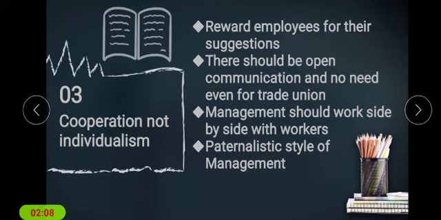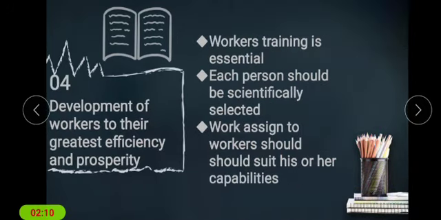Alright, now the fourth principle is development of workers to their greatest efficiency and prosperity. In order to maximize production, all possible efforts are made to increase the efficiency of the workers, which directly depends on proper training and selection. So workers' training is very essential.